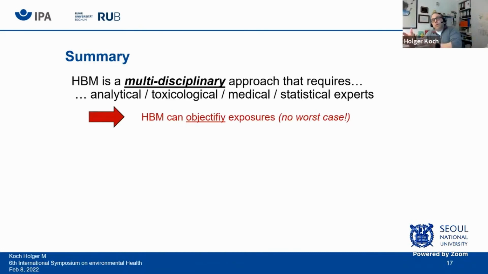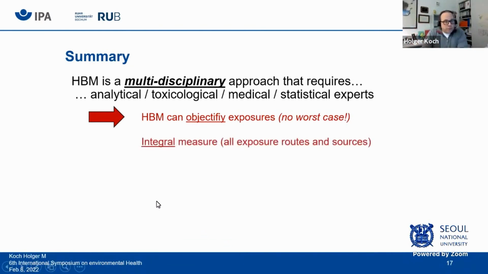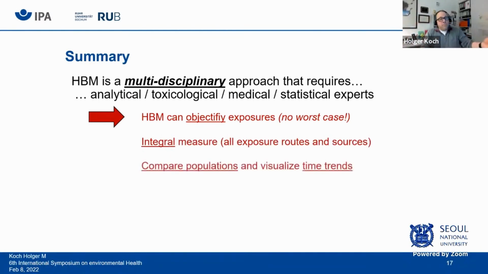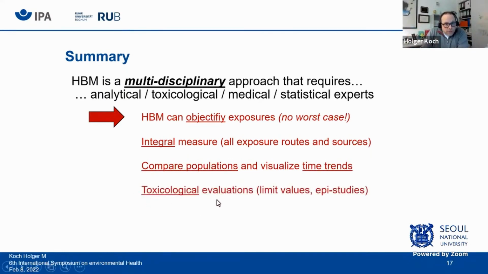Contrary to ambient monitoring, you don't have to perform complex modelings, and it's not a worst case approach. It's an integral measure of exposures. It measures all exposure routes and sources. You can compare populations, you can visualize time trends, and you can also use new methods with old samples.